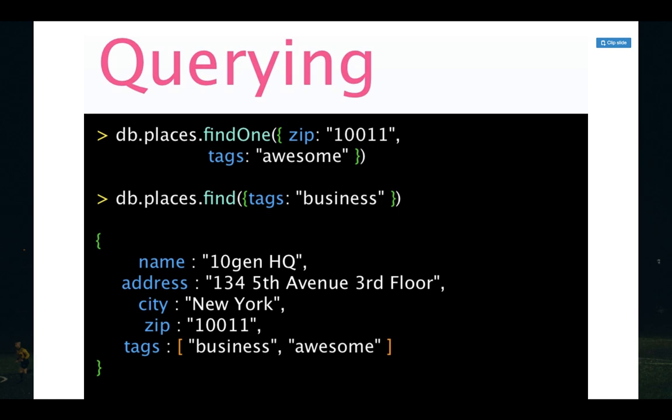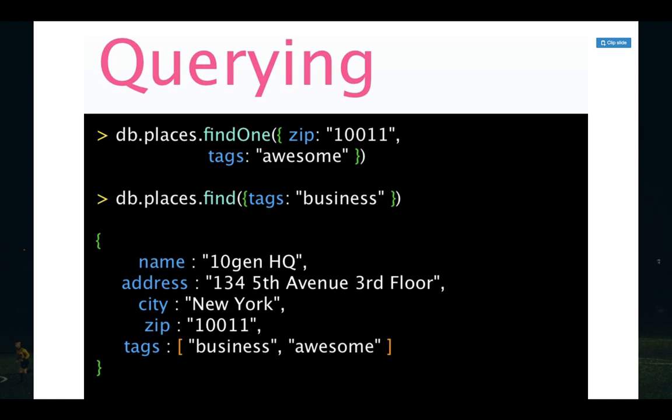If you are familiar with SQL, there we write a where clause. On MongoDB, we write where conditions inside curly braces, in the form of a JSON object. So here we have a query, findOne, where zip ID is this, and text is awesome.